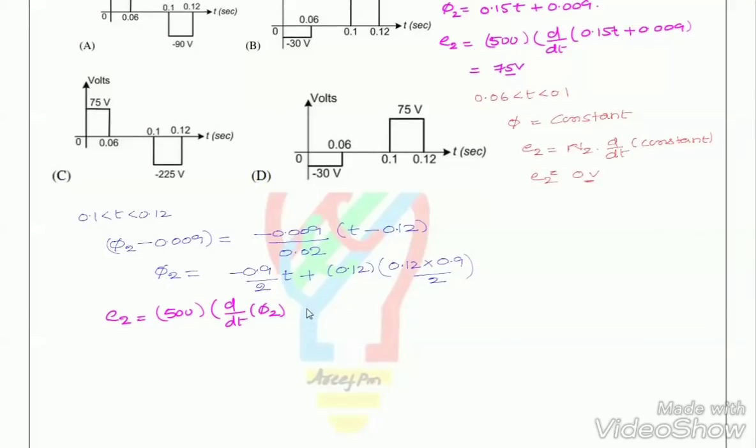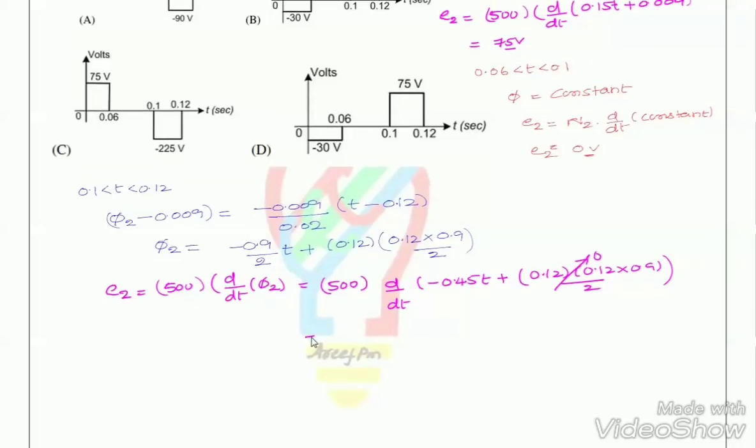Differentiation of a constant is 0, so that term is going to be 0, and d by dt of (minus 0.45 t plus 0.12 into 0.9 divided by 2), where the constant differentiates to 0. Finally, we have 500 into minus 0.45, which is minus 225 volts.